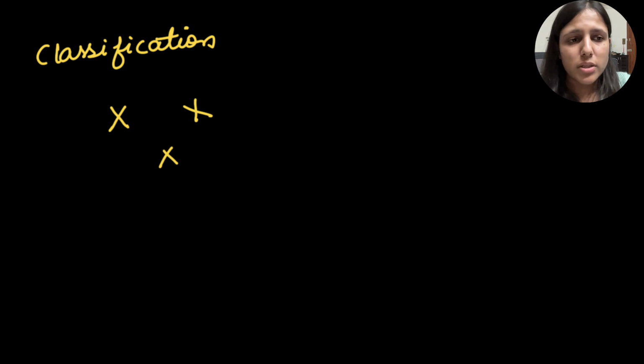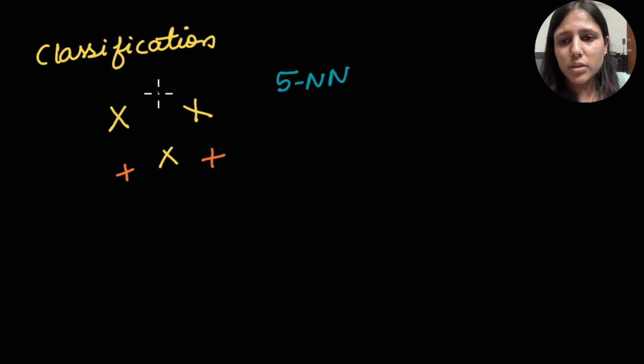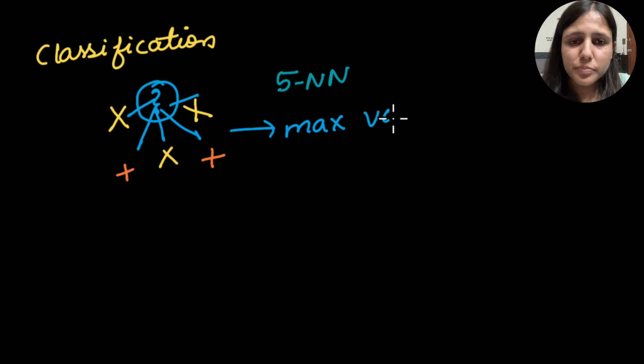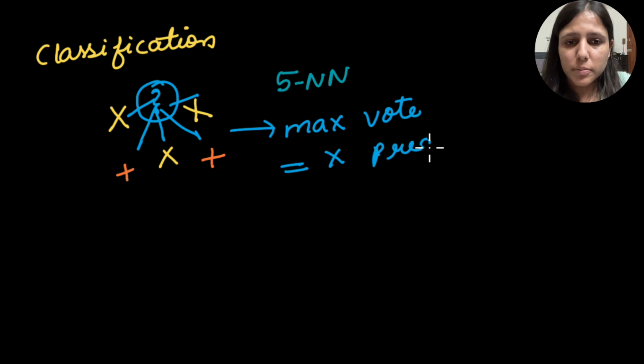You have 3 crosses and a positive. Okay, and you are doing 5 nearest neighbors, and you have a data point here. So what you'll do is you'll find 5 nearest neighbors of this, and you will take the max vote. Whatever the majority is saying, we will take the max vote. So majority of them are crosses. So this is the predicted label.